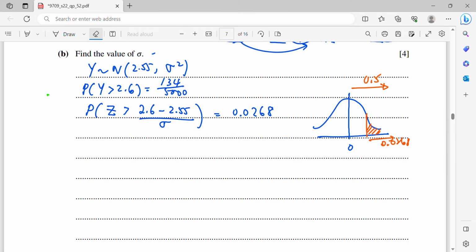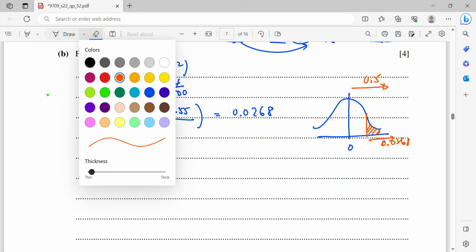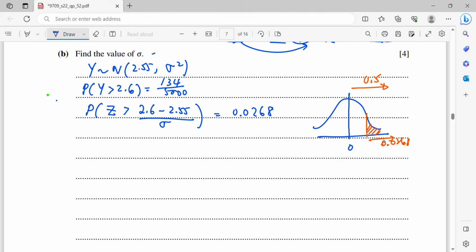After I have identified the region, which means this value is on the right hand side, I can find the value from the table. Because one of the conditions of your table is that the z value must be positive.